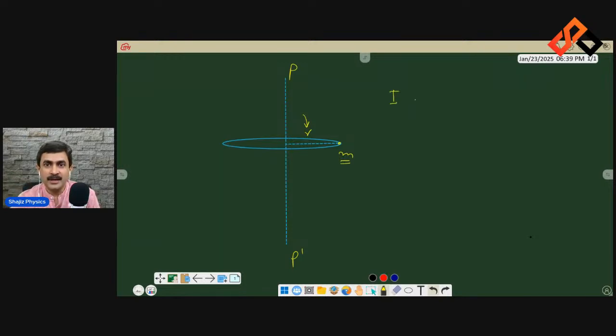It is found to be directly proportional to the mass of the object, which means if you increase the mass, its rotational inertia or moment of inertia will be more.